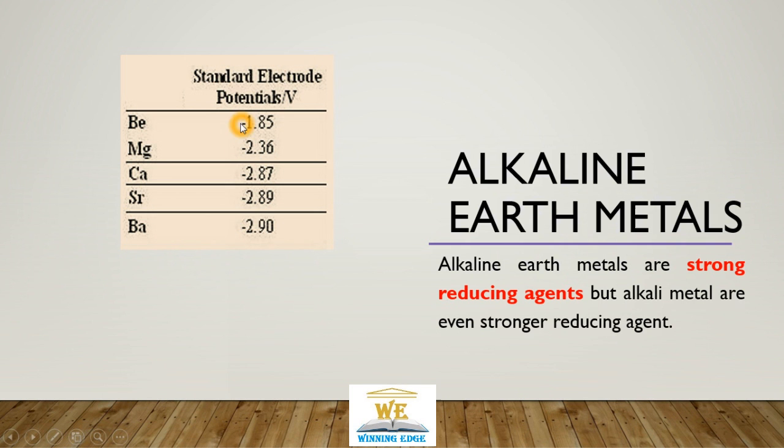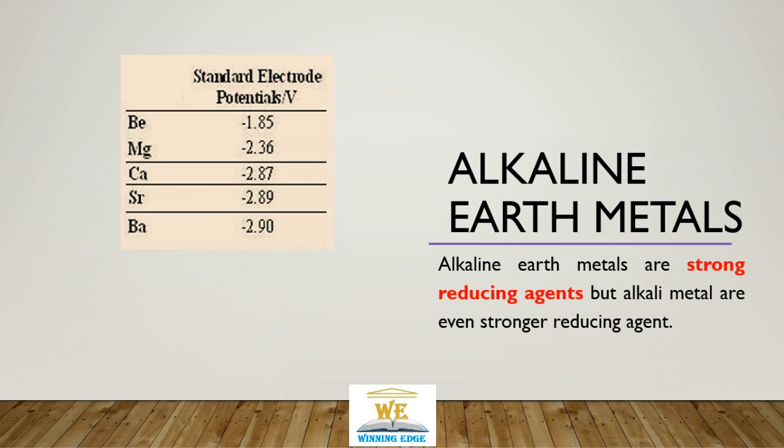You remember lithium is minus 3.04, and in negative terms it is higher than lithium, meaning it is a weaker reducing agent. The higher the negative standard electrode potential, the better the reducing agent the element will be.